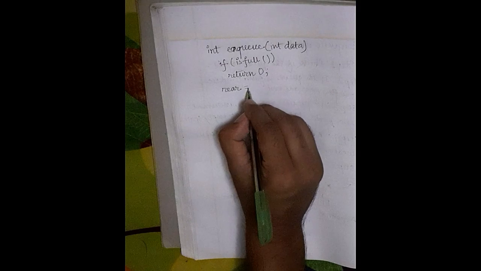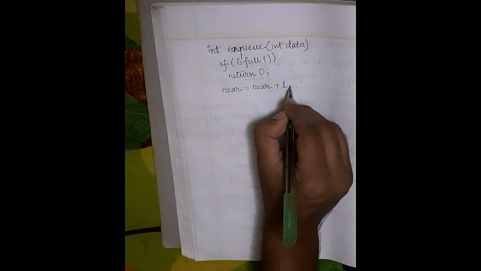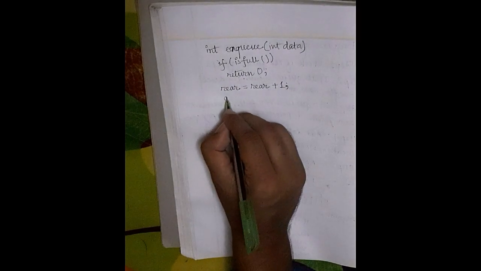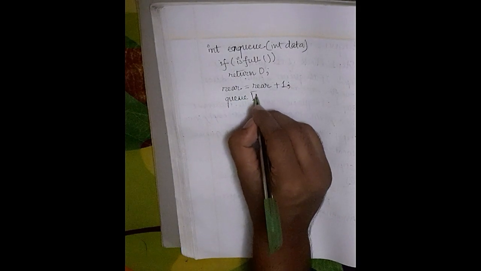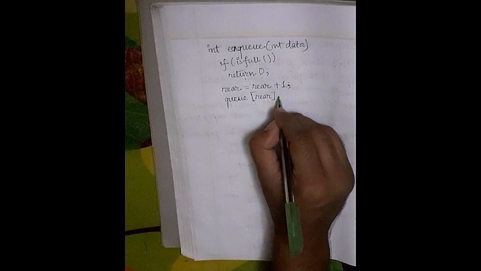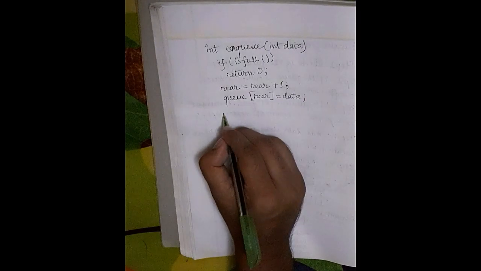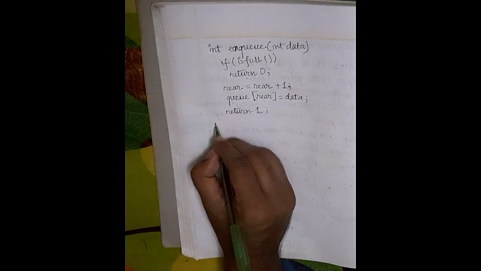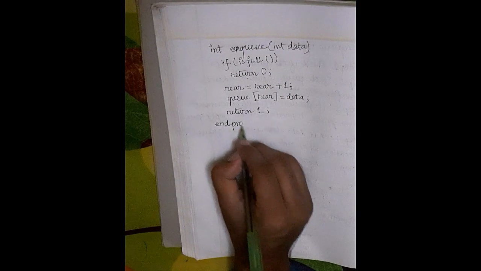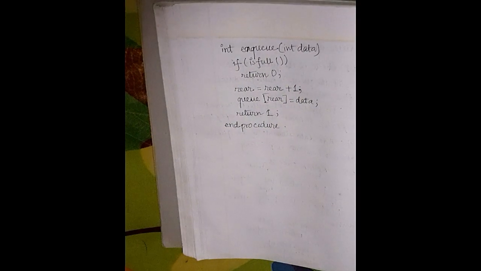Otherwise, rear is equal to rear plus 1. Q of rear is equal to 10. Then 1 should be returned, and then we need to end the procedure, right? So this is how the NQ operation looks.